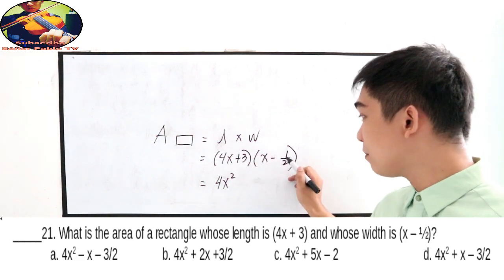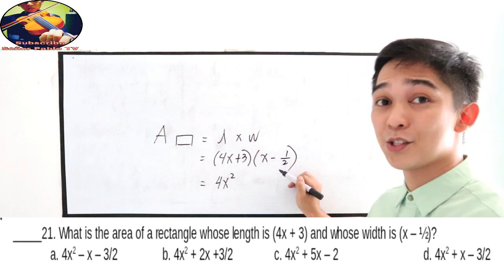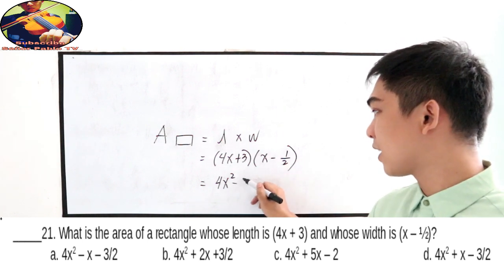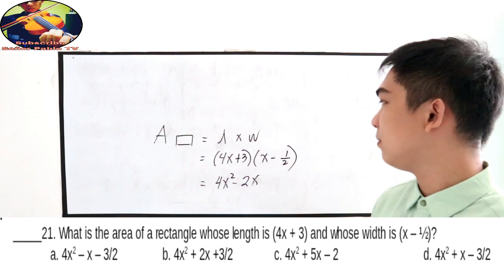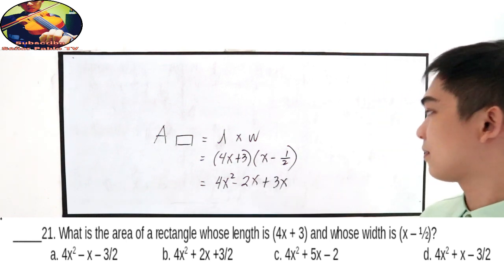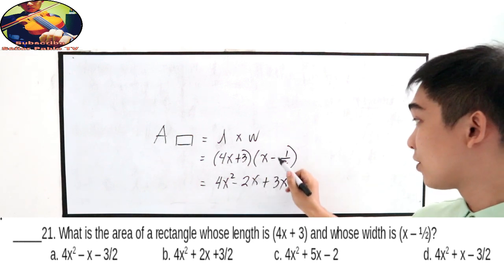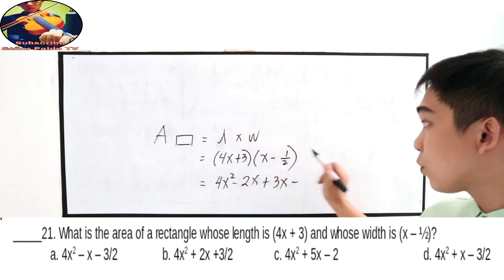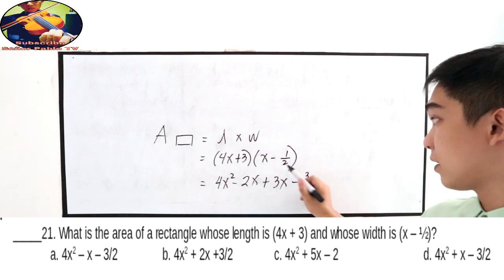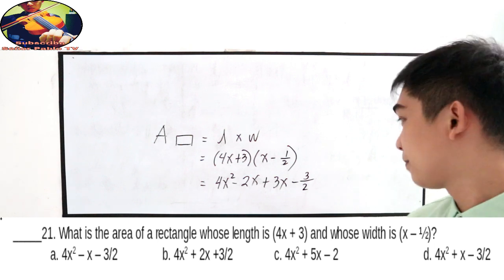So 4 times 1, 4 divided by 2, that is 2. A negative, so negative 2x. 3 times x, positive 3x. 3 times negative 1/2, so negative yan. 3 times 1, 3 over 2. And combine like terms.